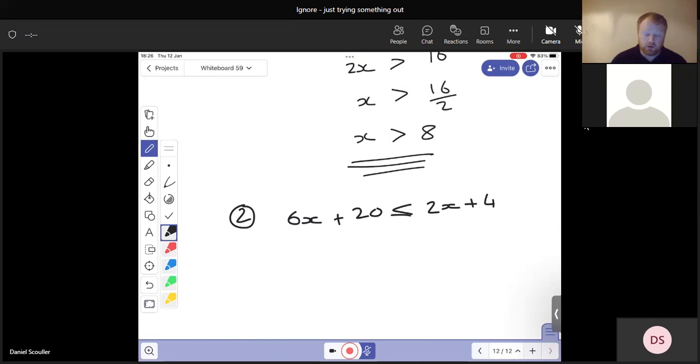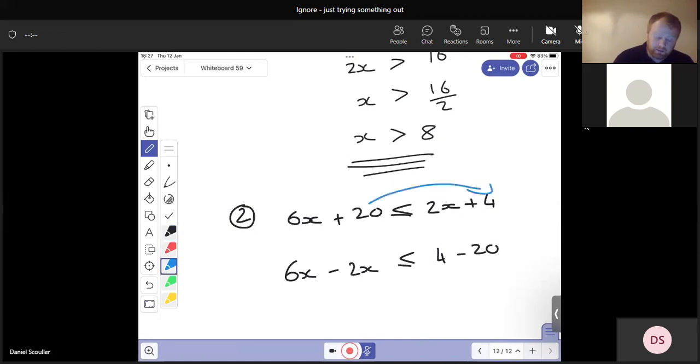Looking at it, again, we want to get all the lettered terms on the left-hand side, all the number terms on the right-hand side, so the symbol doesn't affect that. That 2x again comes across, 6x stays where it is, 2x becomes a negative, 4 stays where it is, and then the 20 becomes a negative. So the 20's gone that way, the 2x has gone the other way. We're just collecting like terms.